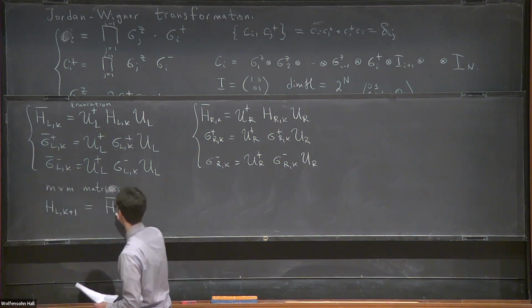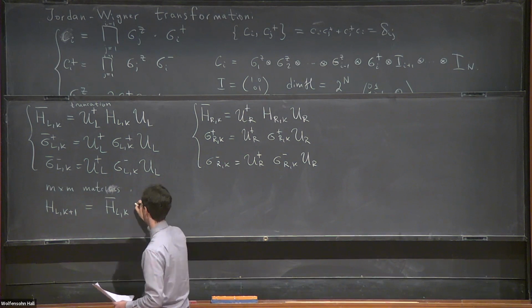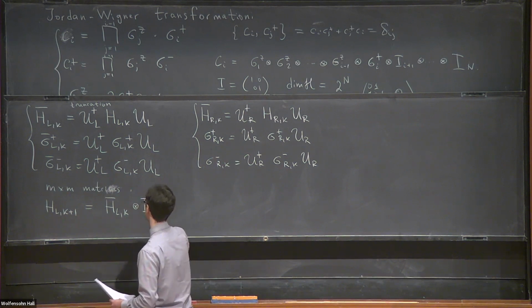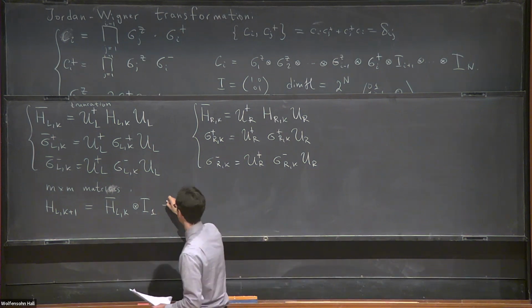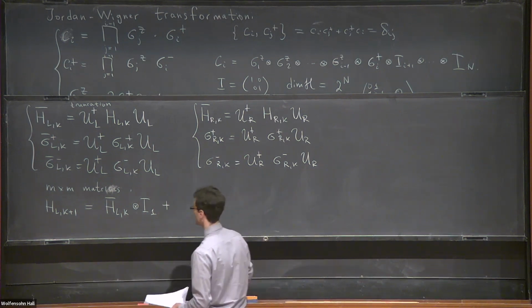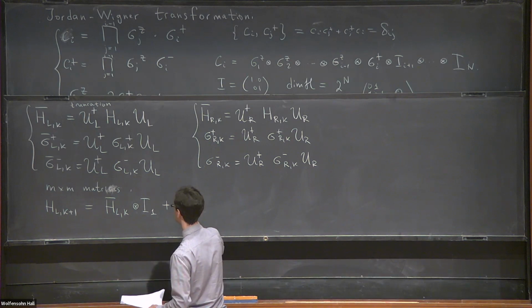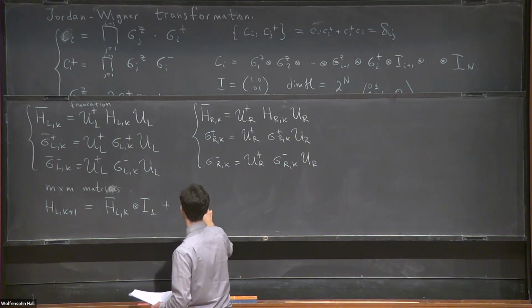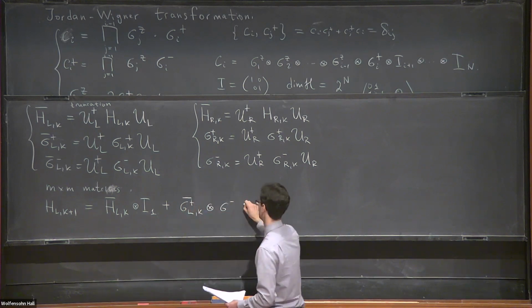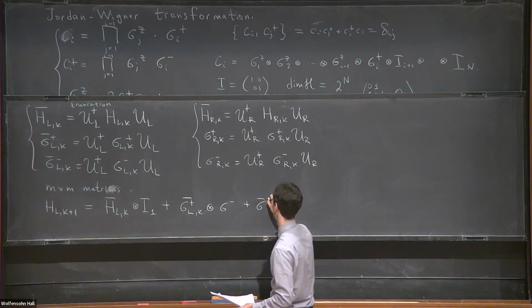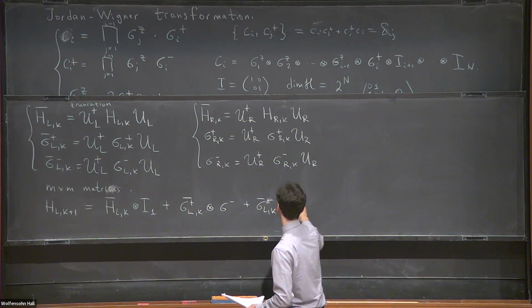I use this truncated block L_k bar and tensor it with the identity matrix, plus the truncated sigma L plus k times sigma minus, plus sigma minus L_k times sigma plus.